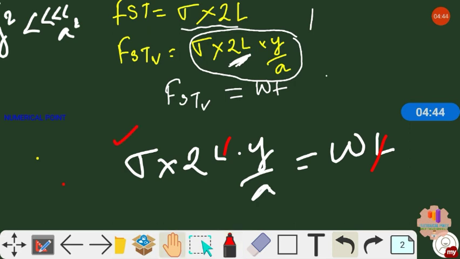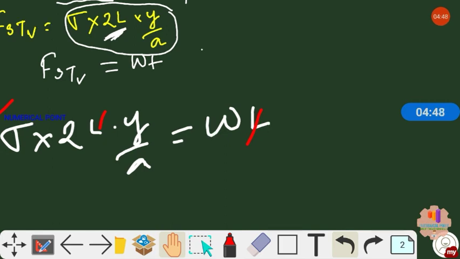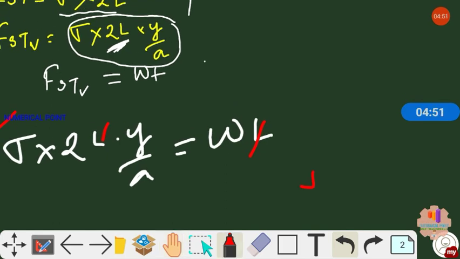From here we can write sigma is W into a divided by 2y.